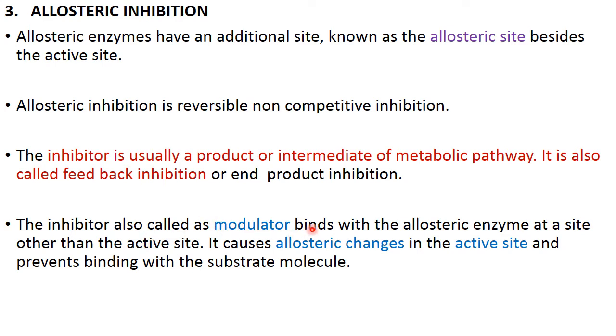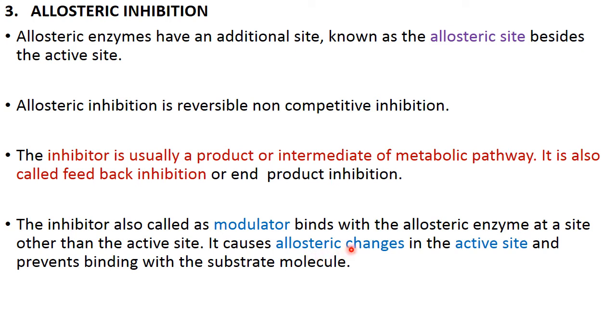So what it is going to do is bind with the allosteric enzyme at which site? At what we said is the allosteric site, a site other than the active site. So when this inhibitor, which is usually a product or an intermediate of a metabolic pathway, binds to this enzyme at the allosteric site, it is going to cause changes in the enzyme, what we say as allosteric changes.